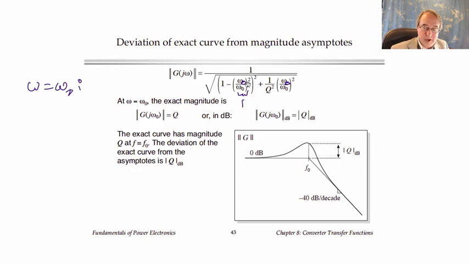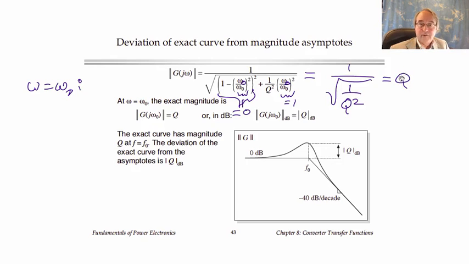So we'll get 1 minus 1 squared, which actually cancels out. And the real term that came from both of these adds up to 0. And we're left with the term that came from the complex part, and omega naught over omega naught quantity squared is 1. So the whole thing goes then to 1 over root 1 over Q squared, which is just Q.